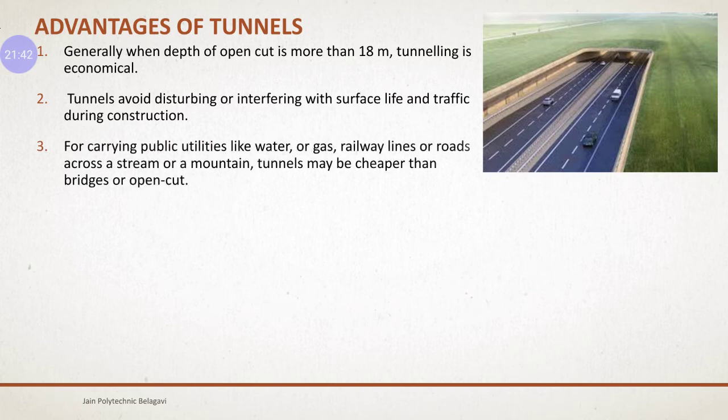Next is carrying public utility services. These tunnels can carry water, gas, railway lines, and roads across streams and mountains, and tunnels may be cheaper than bridges or open cuts, right?